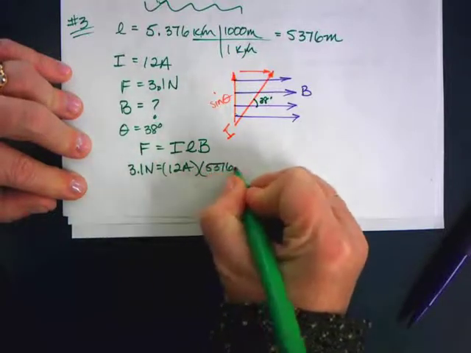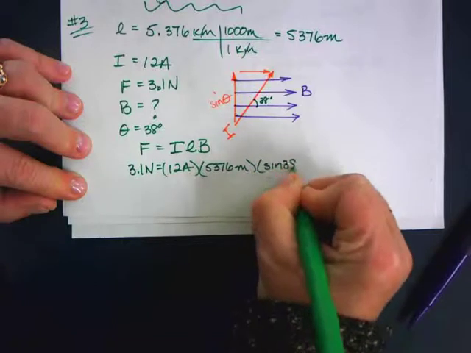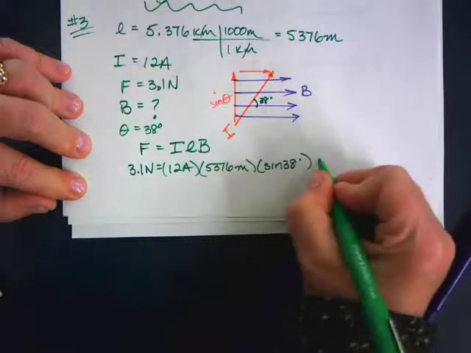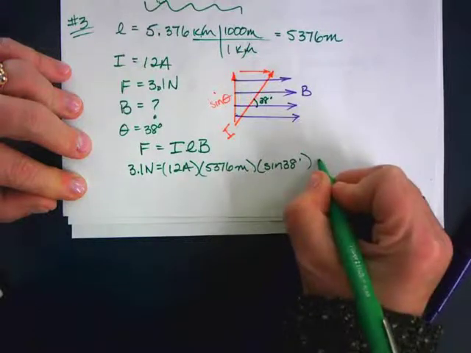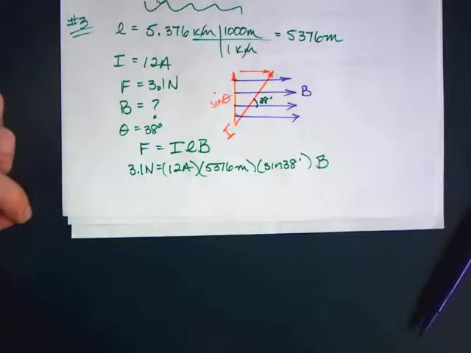Oh, that's up here, the very top thing. I missed it, sorry. 5376 meters. I'm going to throw the sine of 38 in right now. It doesn't matter where, to make that perpendicular. And we're solving for B. Okay? So that's about as complicated as they're going to get.